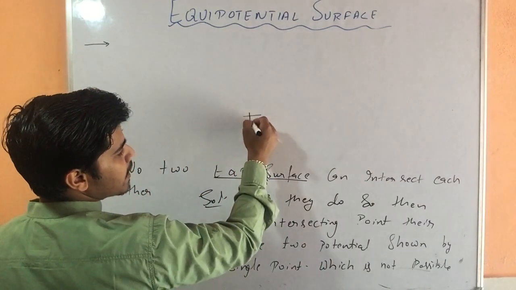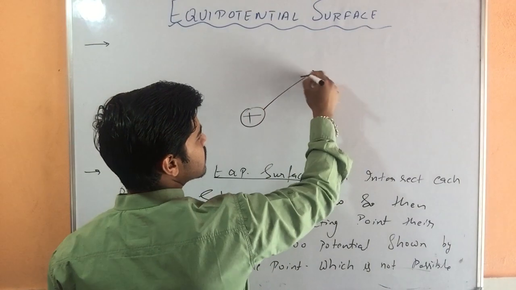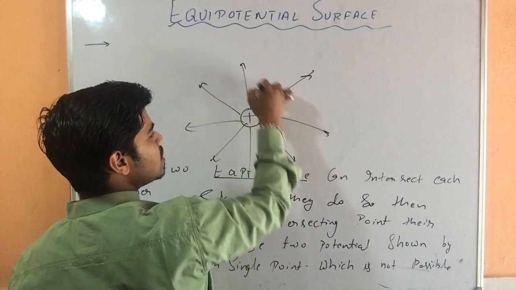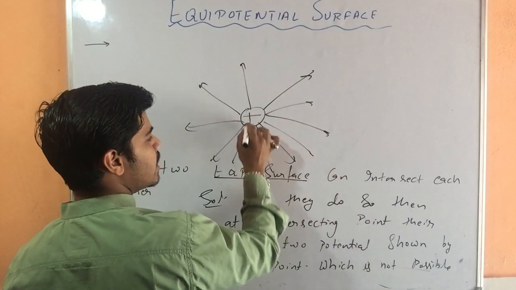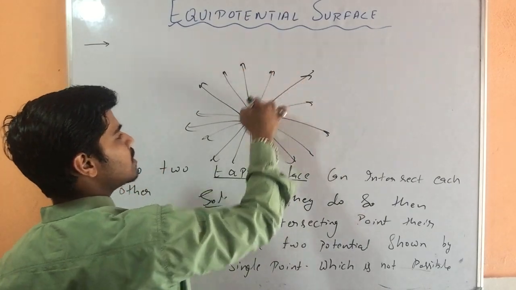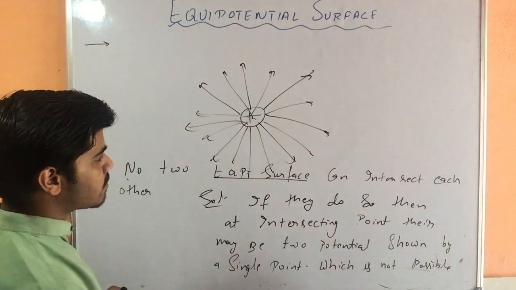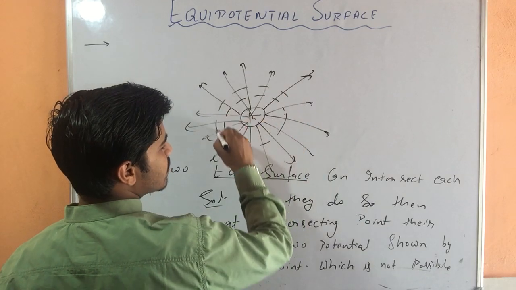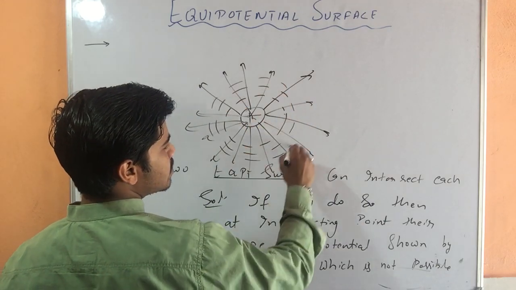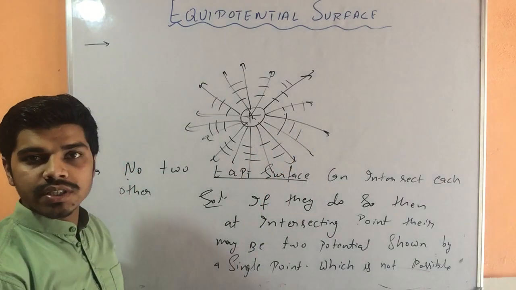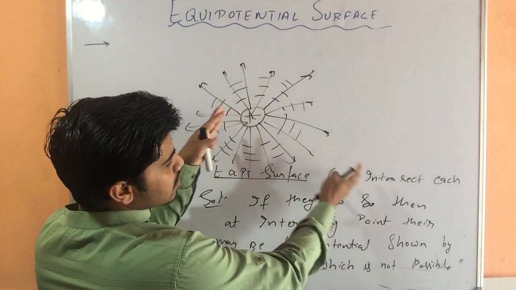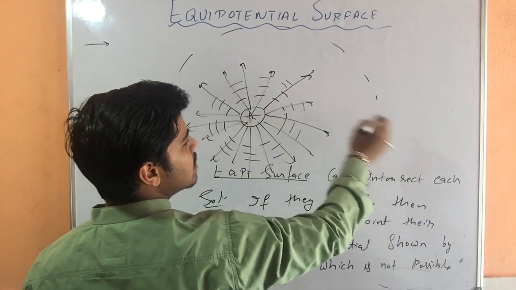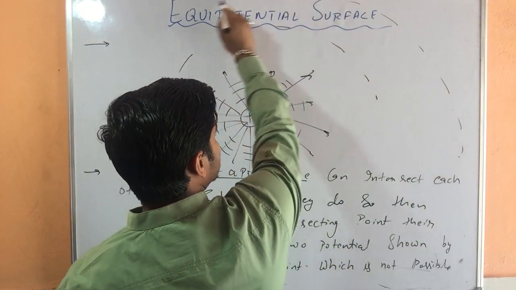Means, let us consider a charged body which has a large value of electric field near it and a small value of electric field far away. Then if we draw equipotential surfaces at near points, they will be closer to each other. But if we make equipotential surfaces at a far distance, they will be farther from each other.